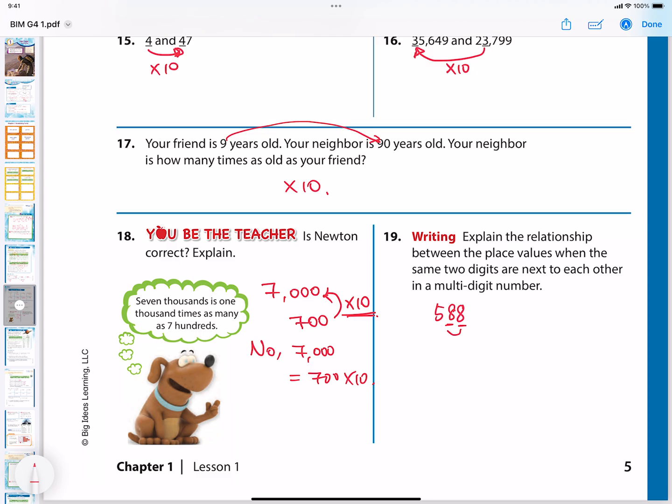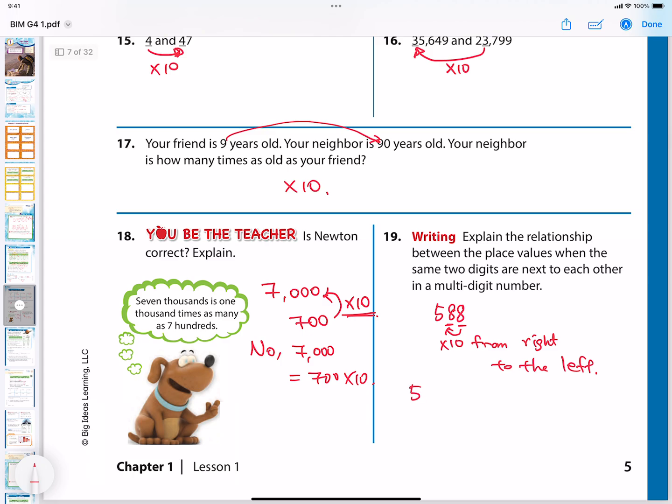That means what? You are going to multiply 10 times from right to the left. We just did it, right? From right to the left. It doesn't matter how big a number it is.